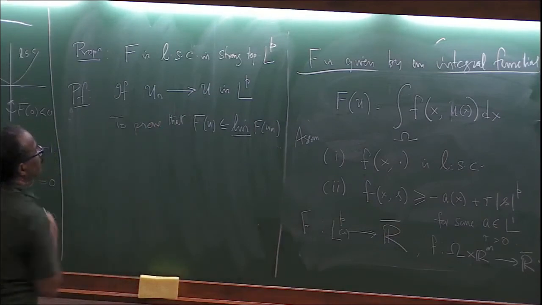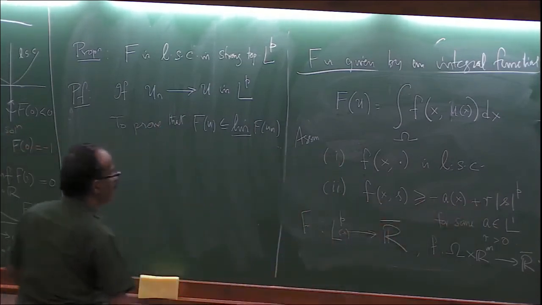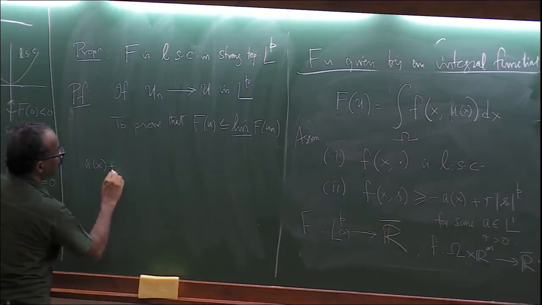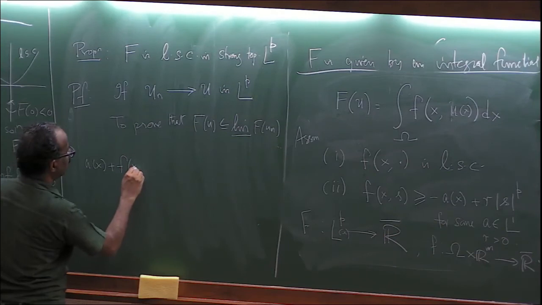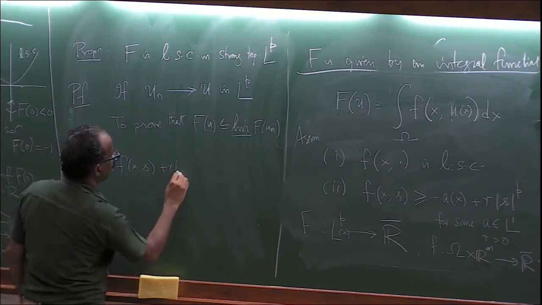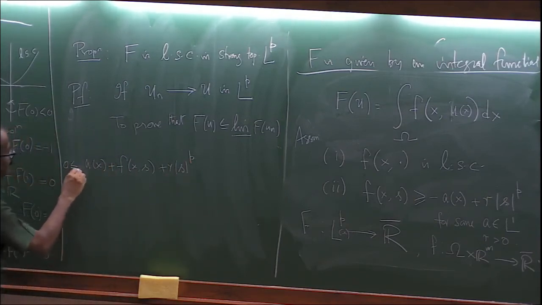If un converges to u in LP, you take this inequality. When you have this inequality, you will have a of x plus f of x of s plus r mod s power p. This is a positive quantity.